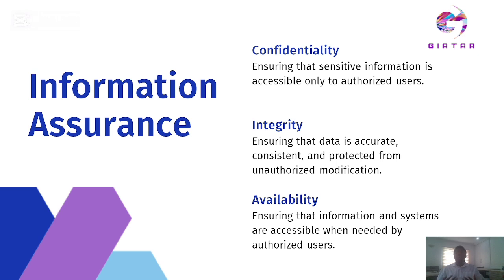Simple and short. Now, integrity is looking at data being accurate, consistent, and protected from unauthorized modification. What integrity is looking at is that data is not tampered with. If you have a 1 MB picture you took with your phone now, that 1 MB should not change to 1 KB. It should not change to 2 KB. Do you understand?